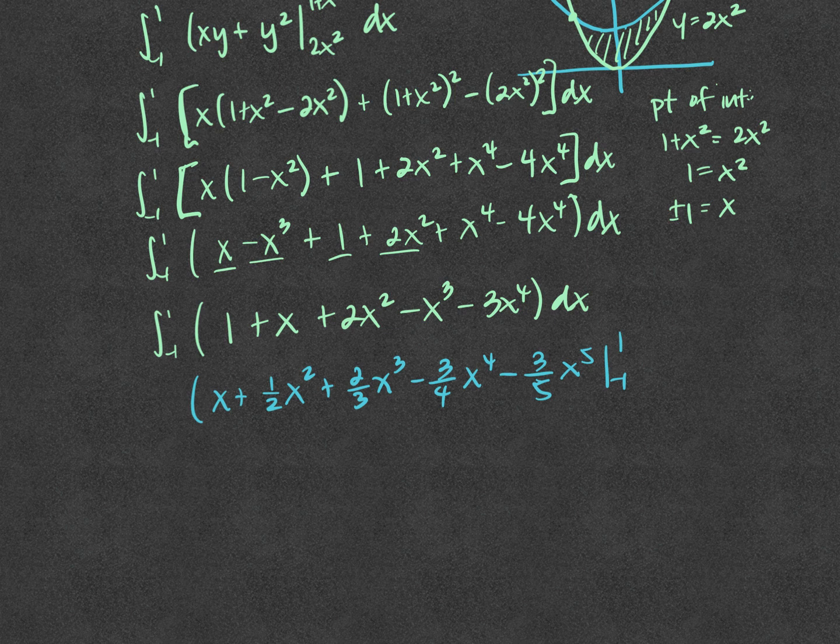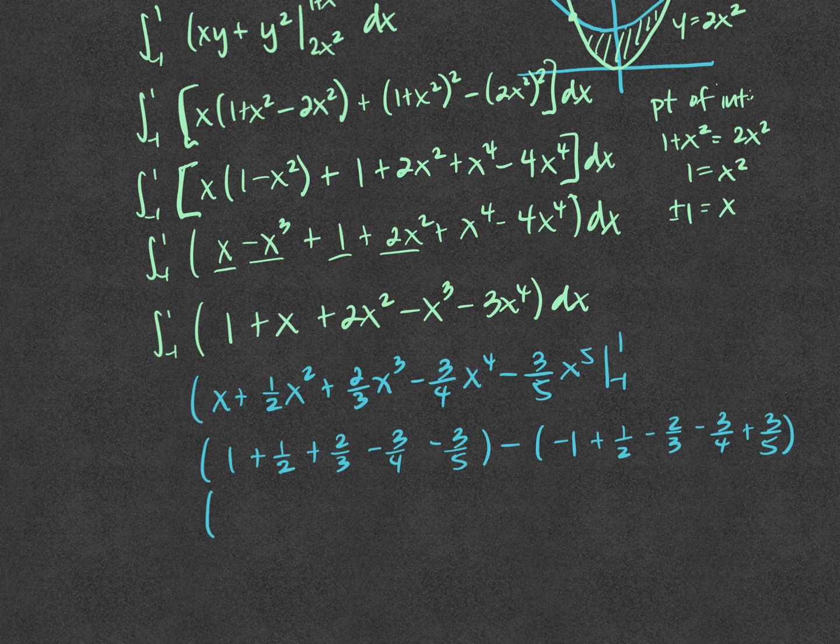Now there's symmetry happening there, and you could play that game, but I'm going to play the -1 to 1 game. So I'm going to have 1 plus 1/2 plus 2/3 minus 3/4 minus 3/5, minus (-1 plus 1/2 minus 2/3 minus 3/4 plus 3/5). I'm going to combine like terms.